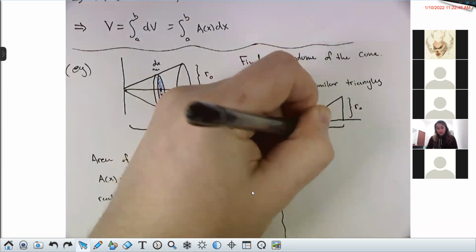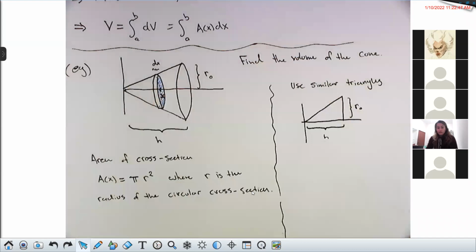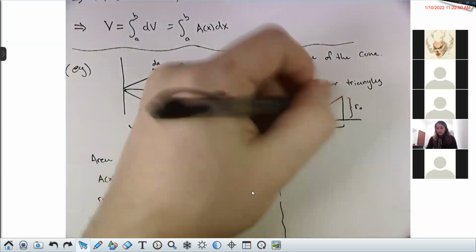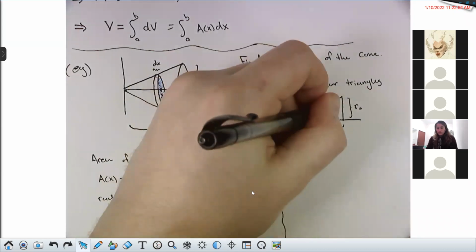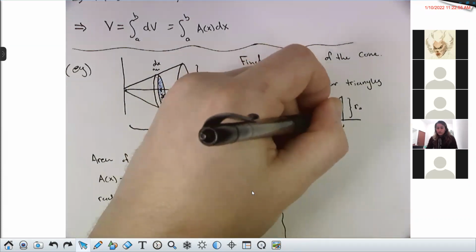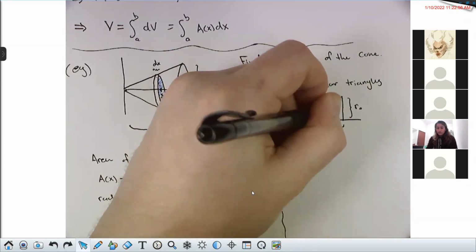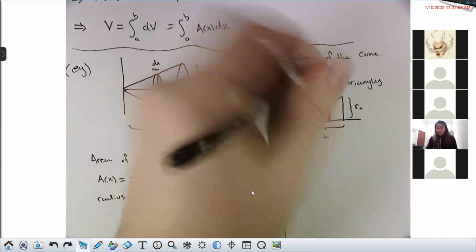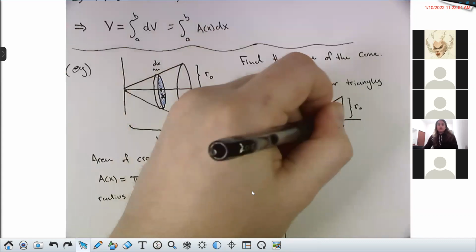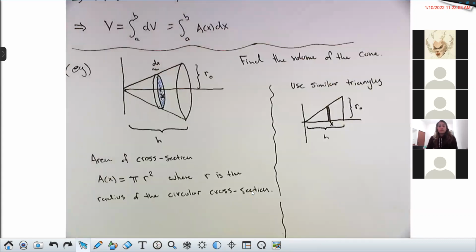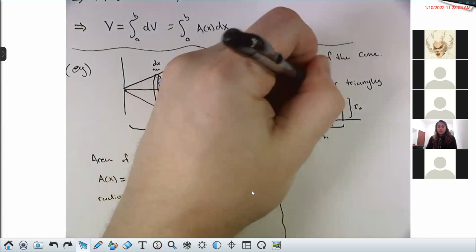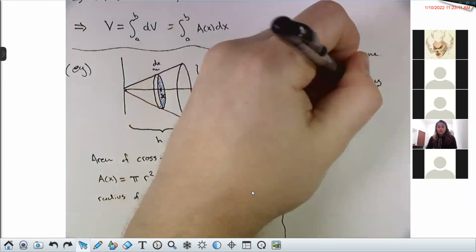This is H, the height of my cone. And my slice is right here at an arbitrary position X between 0 and H. Does anybody remember what similar triangles are?